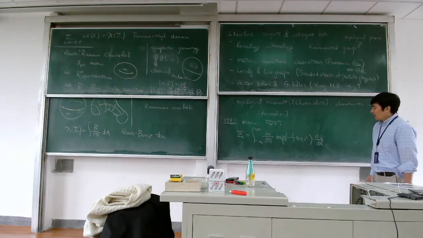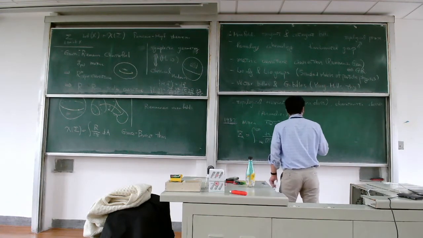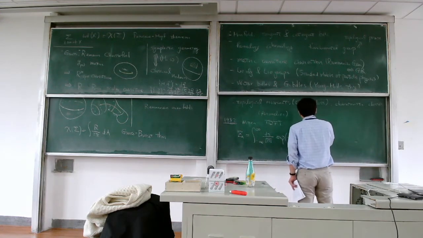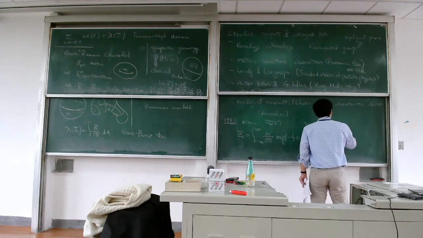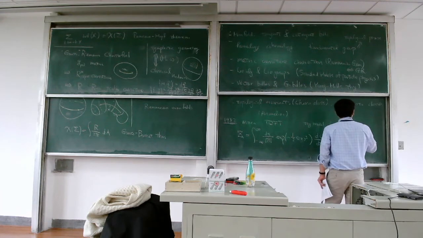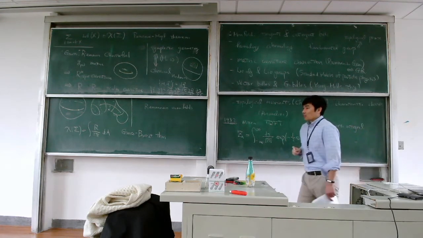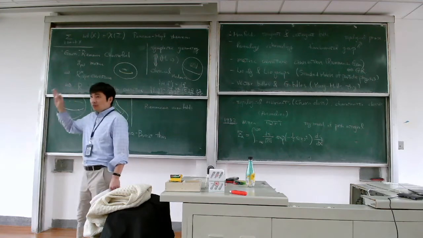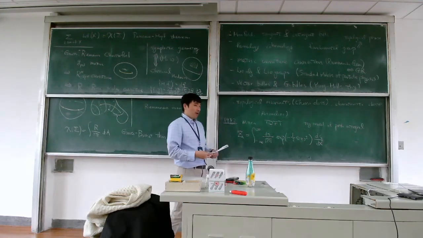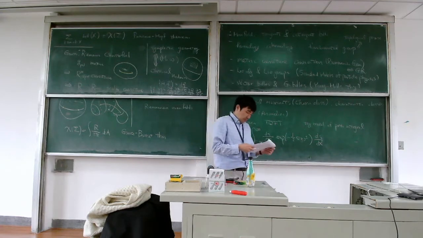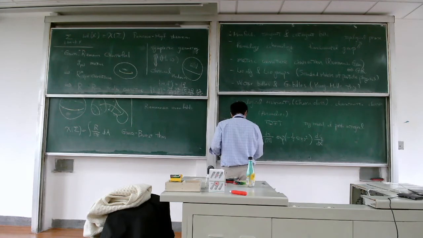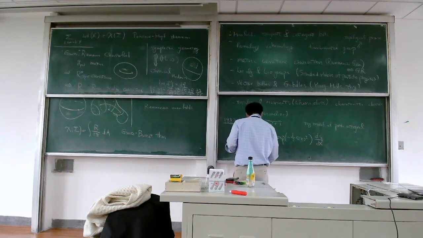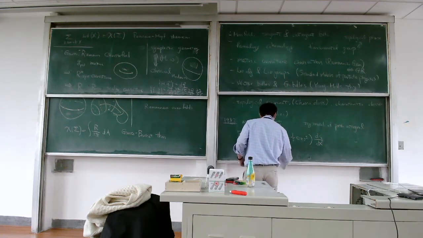But this is a toy model. In path integrals, you need to deal with infinite dimensional degrees of freedom, but now it's a finite dimensional analog. And as you already know, this is a Gaussian integral.